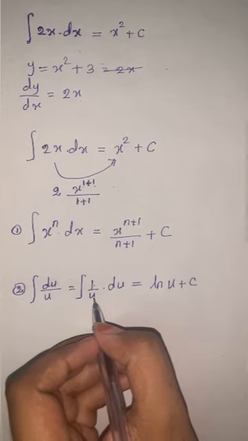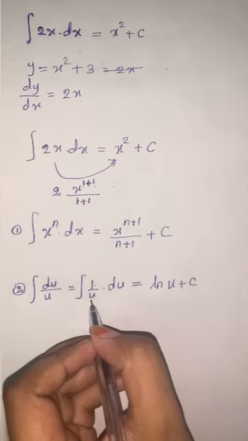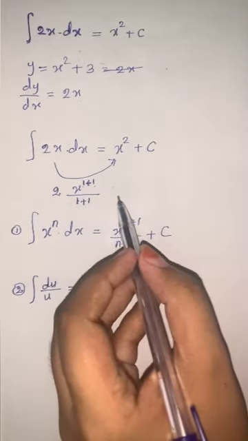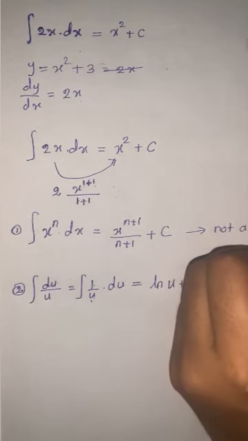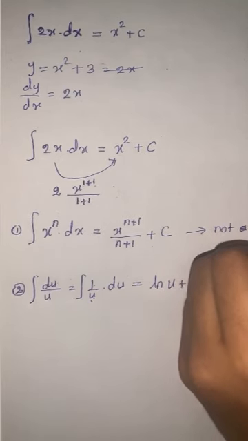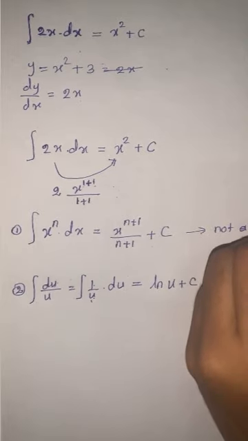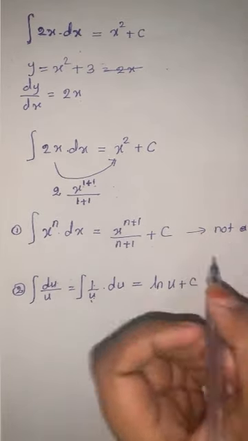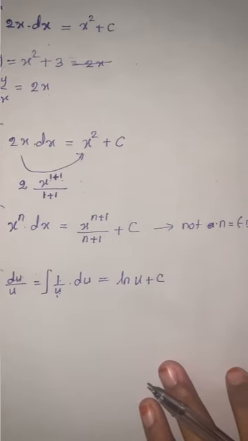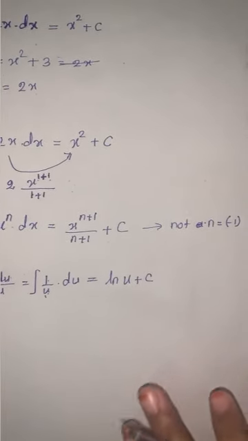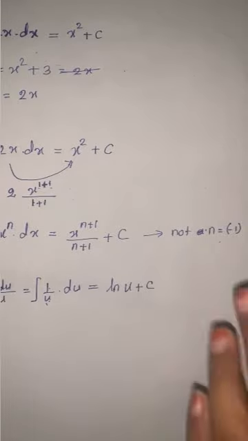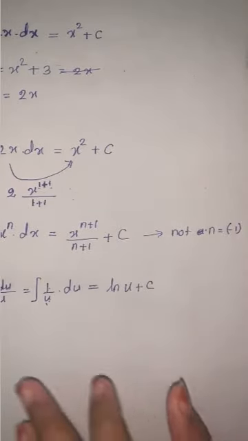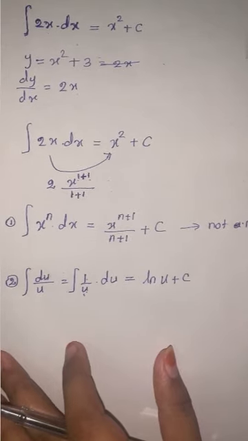This u can also be x. For that reason, rule number 1 is not applicable for n is equal to minus 1. Only for minus 1 is this rule not applicable; we can use it for any other n.